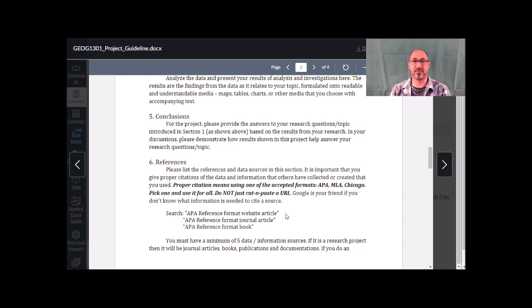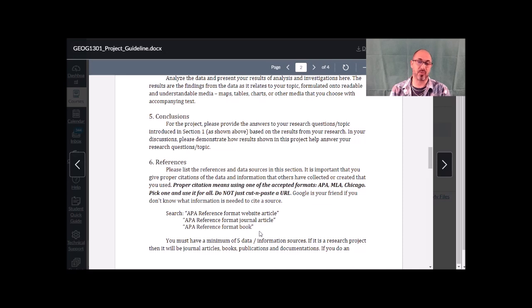So after you come to a conclusion and come full circle with your research project, make sure you include a references section. This is giving credit where credit is due. If you got numbers from SAWS, or you talked to somebody about something, or read some information in a journal, or went to a website and got some statistics or some opinions or some data and compiled that together and presented this, you must give those people or that person or that entity credit.